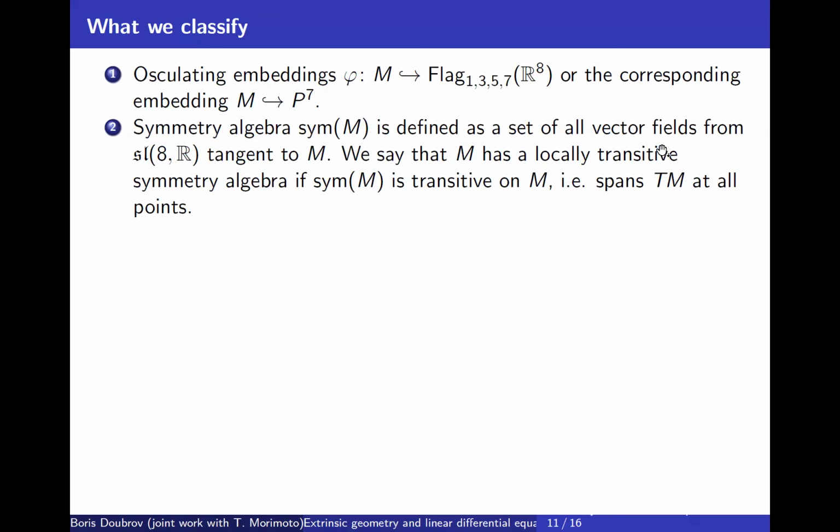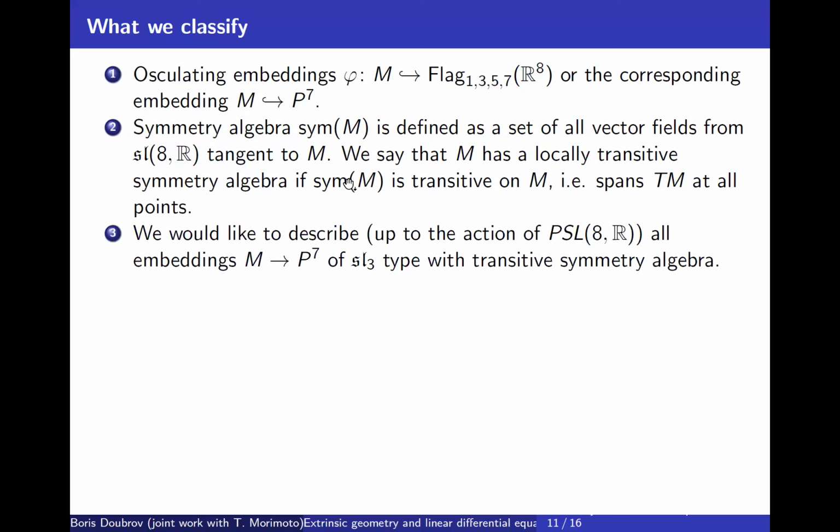And we say that M is locally transitive if the symmetry algebra is transitive on M. That is, if restricted to M, it spans all of T_mM. So in particular, we would like to describe all such embeddings of SL3 type with transitive symmetry algebra.